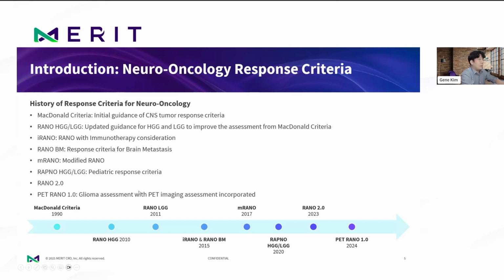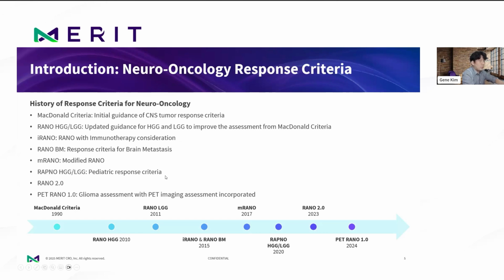Then in 2017, the modified RANO, which better defines preliminary PD and pseudoprogression with an improved algorithm, was published for consideration of post-treatment related changes, more or less described as pseudoprogression.